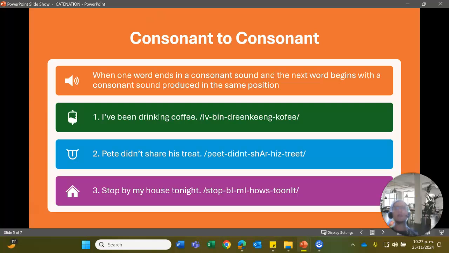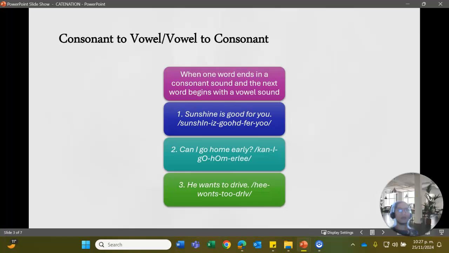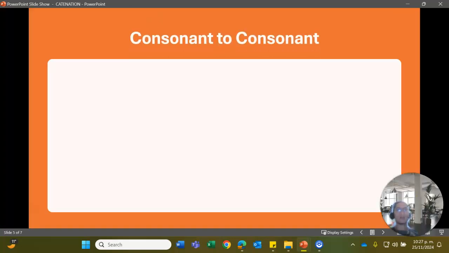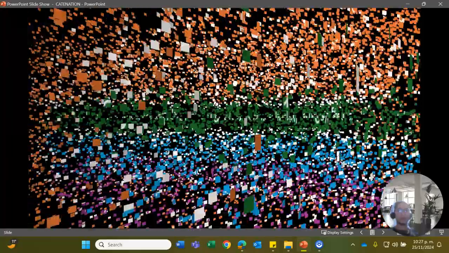Or in the next one, "Pete didn't share his thread." When you have these sounds, you can link them to speak more fluently. Okay? So basically, these are the rules you have to take into account. Remember, consonant to vowel, then vowel to vowel, and the last one, consonant to consonant. You have some examples for you to take into account.